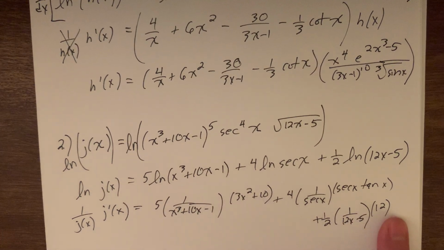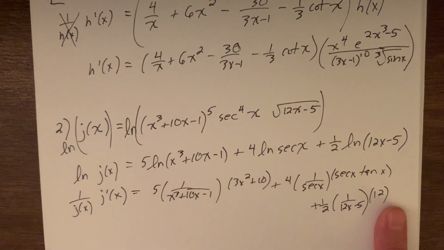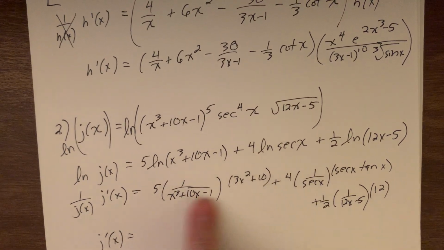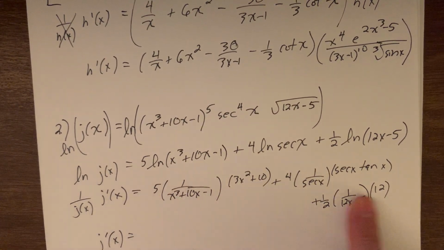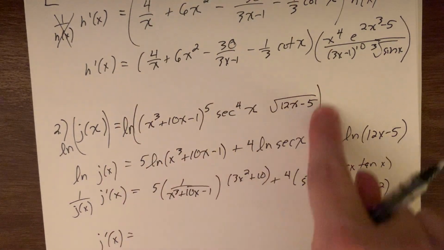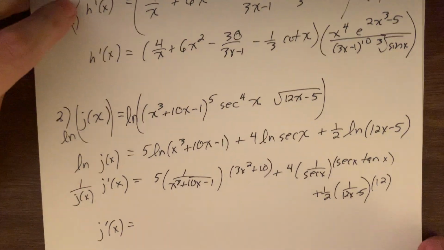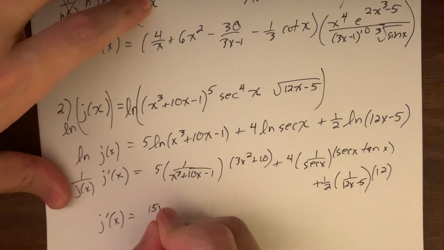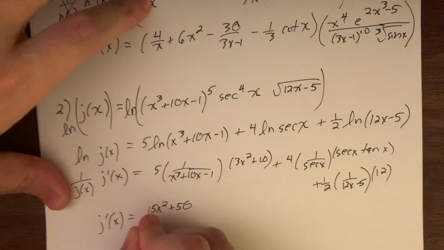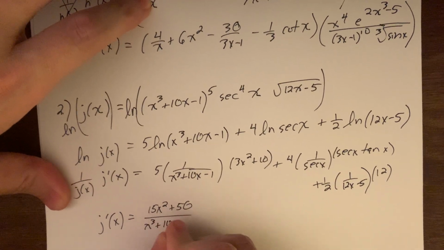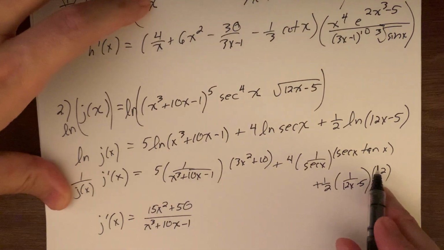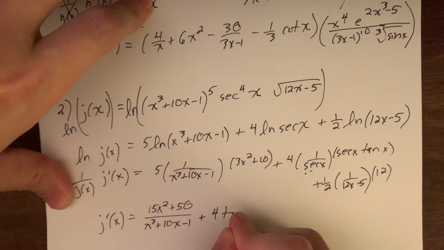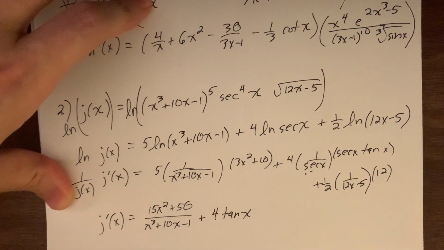I'm not worried if you don't simplify, clean up this part, but make sure for your final answer, it's not just this, it's all of this times the original j. So now I will take advantage and do a little cleanup. I'll distribute the 5 through here, 15x squared plus 50 all over x cubed plus 10x minus 1. Here, I'll take advantage of the secants canceling, so that'll just end up being 4 tangent.